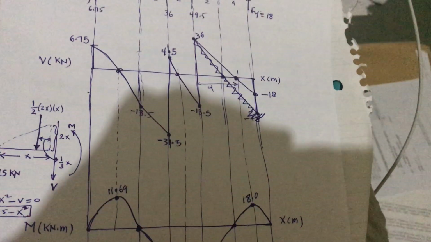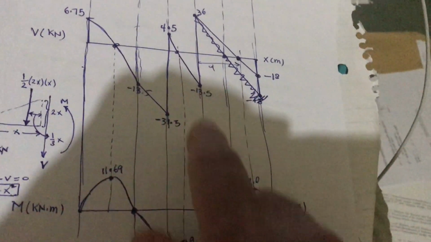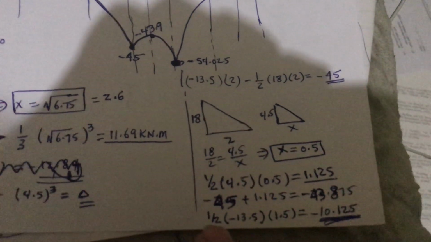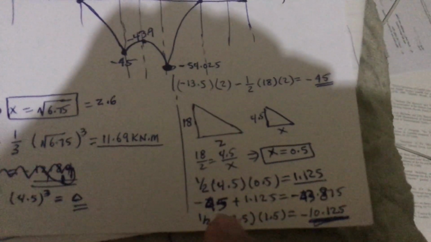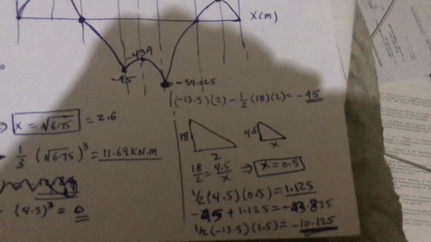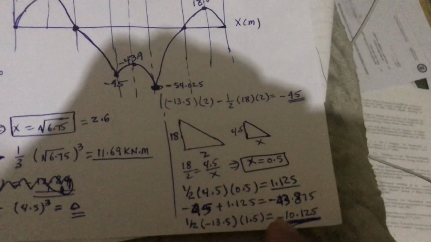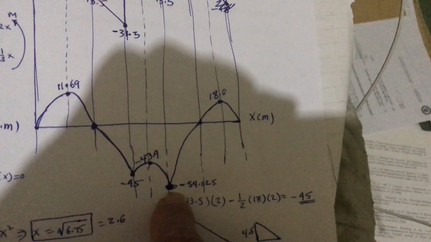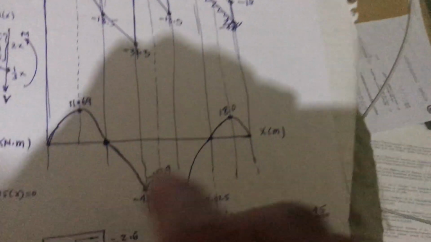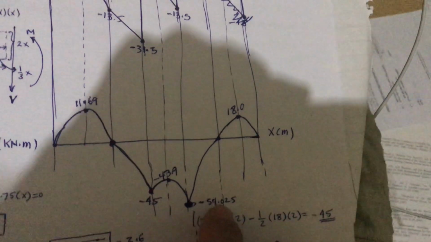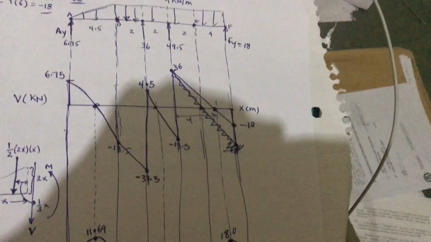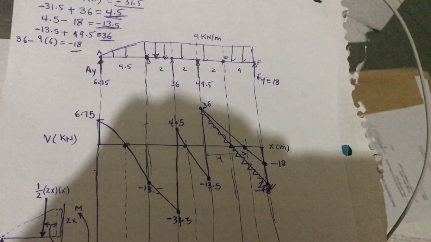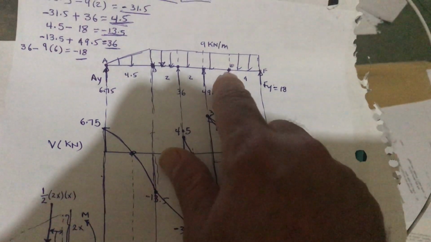And then we are here now. You find the other triangle. This is minus. The other triangle is 1/2 times this, minus 10.125. You add it up to the other one, so it's going to be minus 54.025. And then remember, here you have a pin.